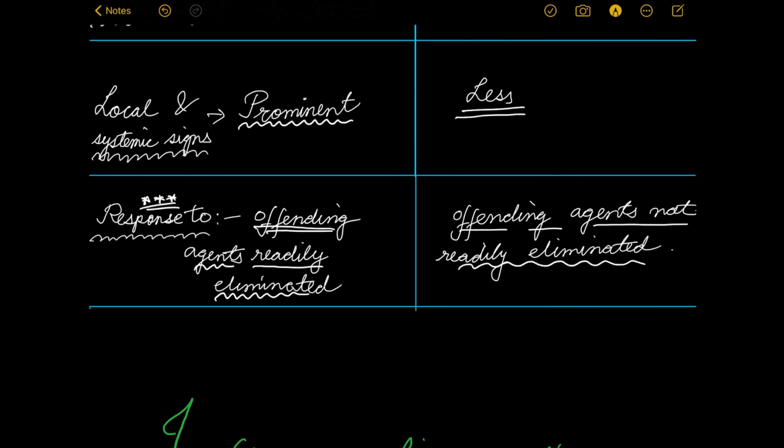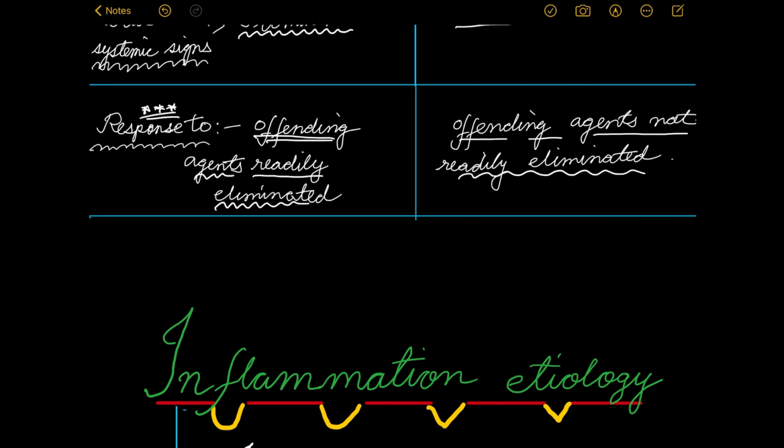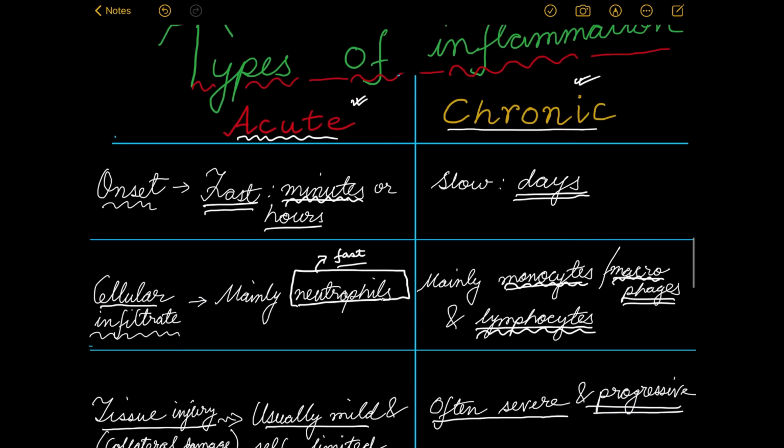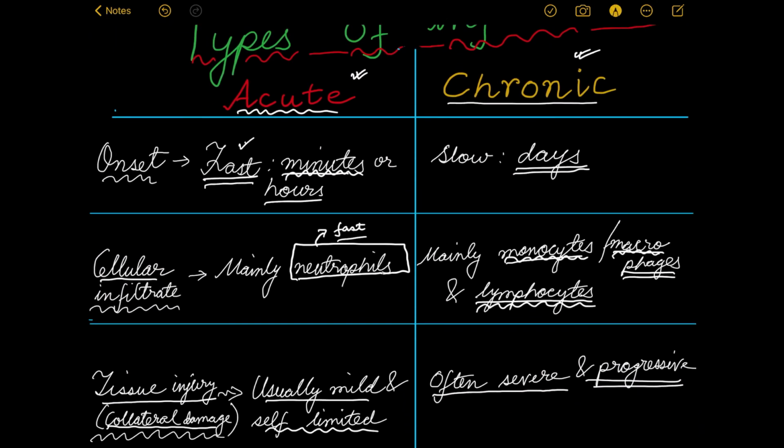Now try to understand what I had said before. Sometimes the offending agent can be such that it can be very easily eliminated. In that case, the inflammation sequence will be fast.